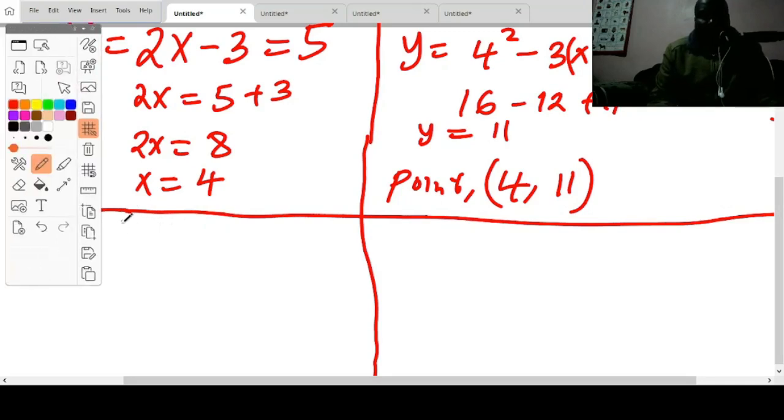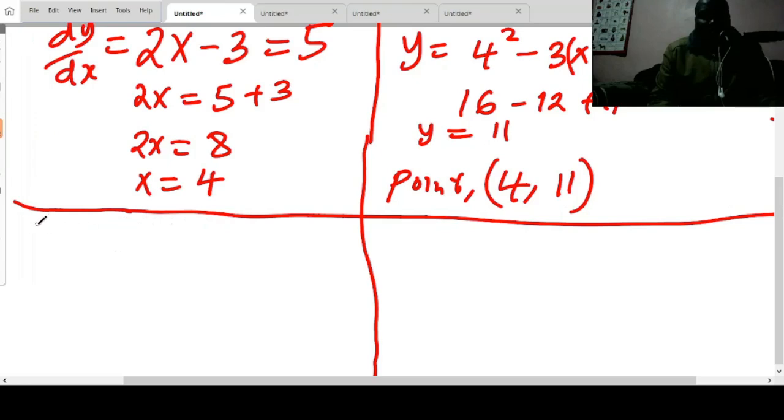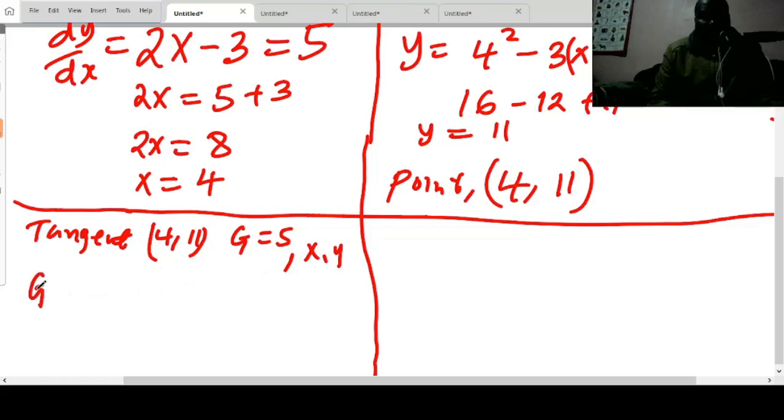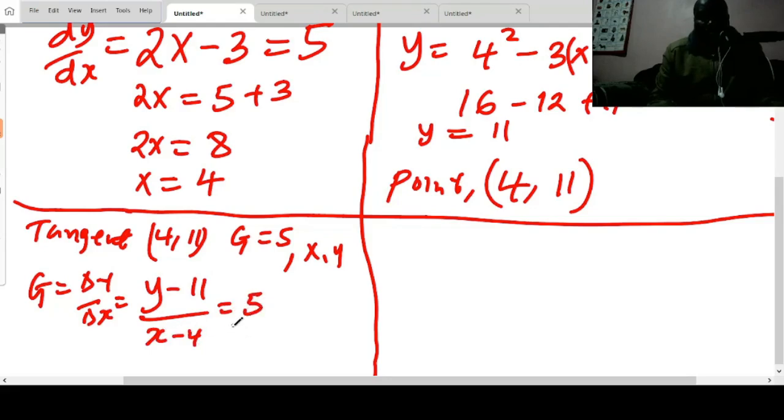So for the tangent, equation of the tangent, we have the point 4, 11. We have the gradient of the curve, which is 5, and it is the same as the gradient of the tangent. We have the general point, x, y. So we are going to say gradient is equal to change in y over change in x. So that is y minus 11 divided by x minus 4, which is equal to 5. So we cross multiply.